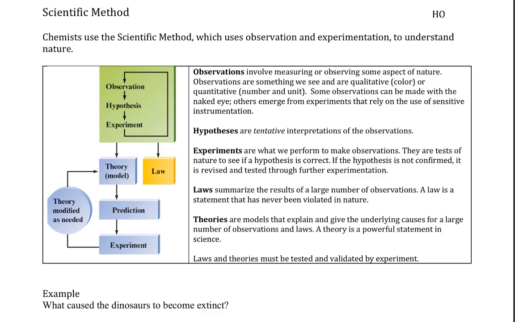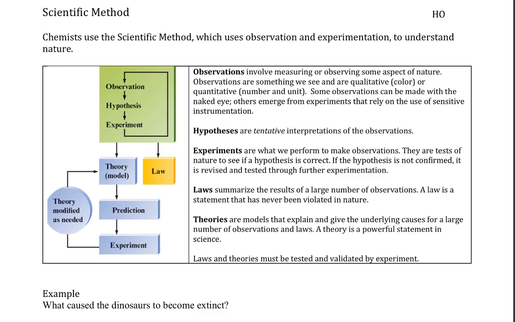So some definitions for these terms: observations involve measuring or observing some aspect of nature. Observations are something we see and are qualitative, for example, color, or quantitative, and that would mean a number and a unit, a measurement.